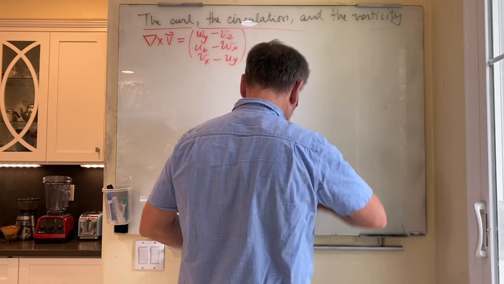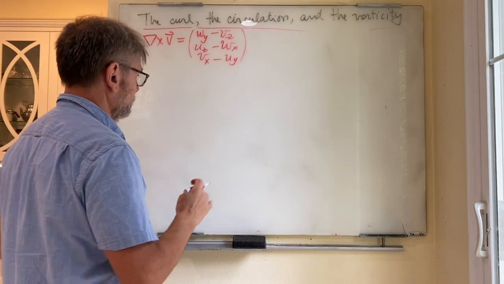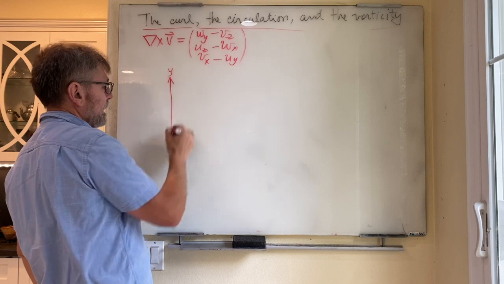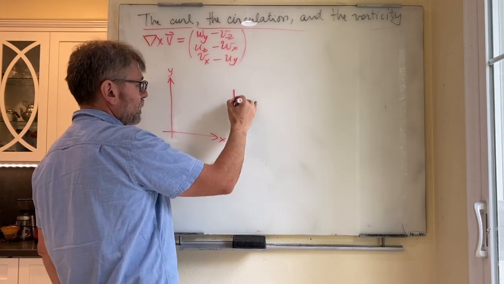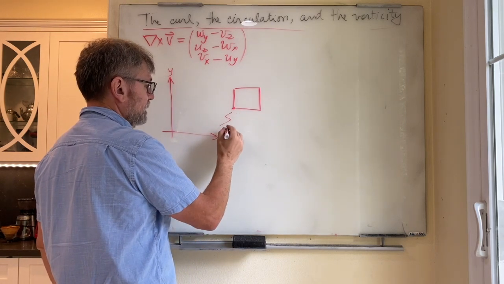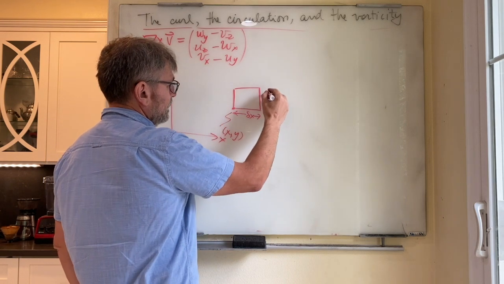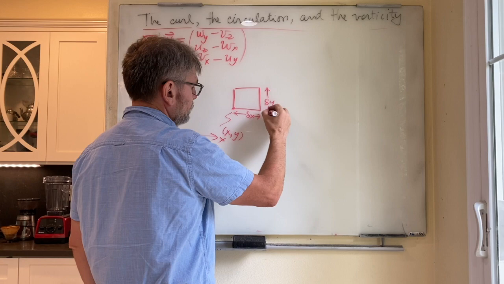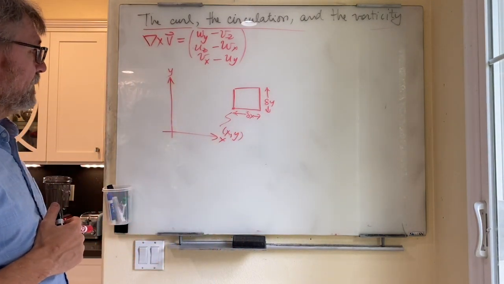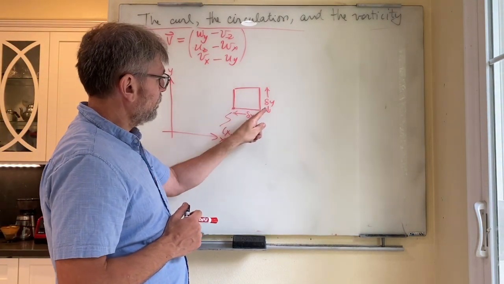Now if I take a fluid and I take a little patch of fluid or some surface, and to make it simple, I'm going to take the y and x axis, and I'm going to take a small little infinitesimal patch over here like this and define this point as x and y point, and then this width here is going to be delta x and this height delta y. So it's a small little patch of area delta x times delta y, and what I want to compute is the circulation around the loop formed by this little frame here.